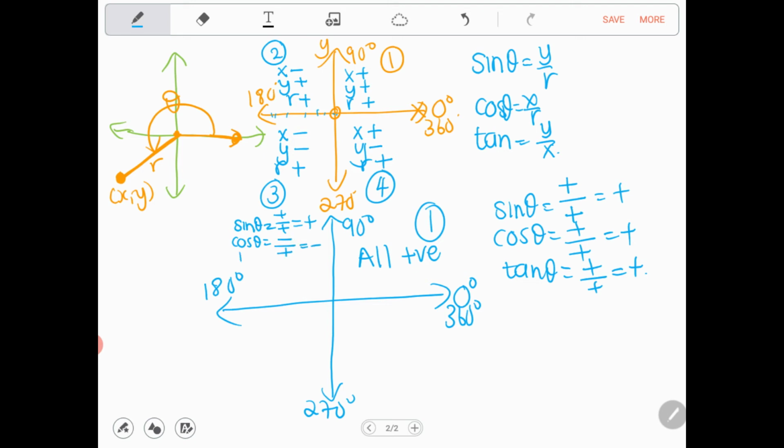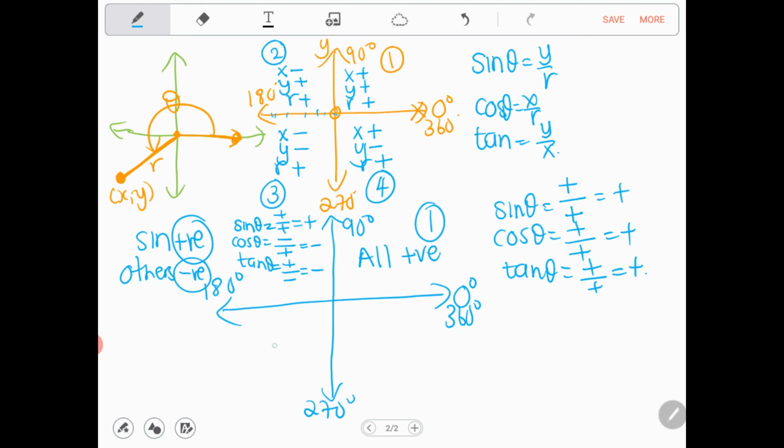It's going to be negative. Tan, y over x, y is positive, x is negative, which is going to give me a negative. So in the second quadrant, only sine would be positive, the other two ratios would have to be negative.